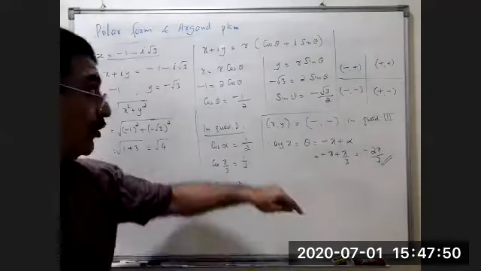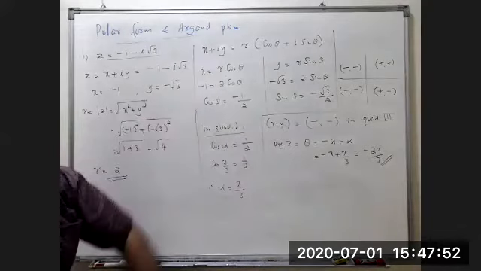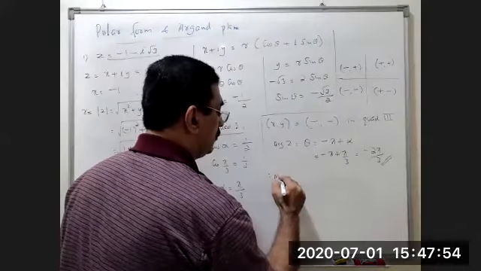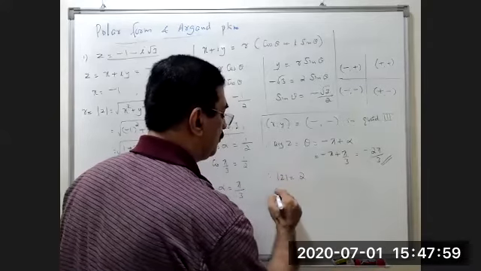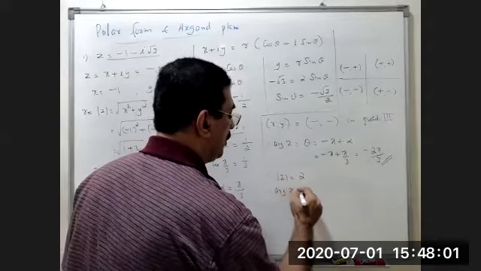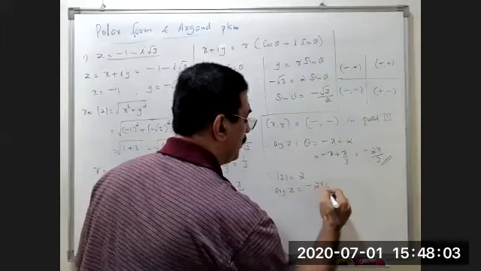The textbook question is to find only the modulus and argument. So modulus z is 2, argument z is minus 2 pi by 3.